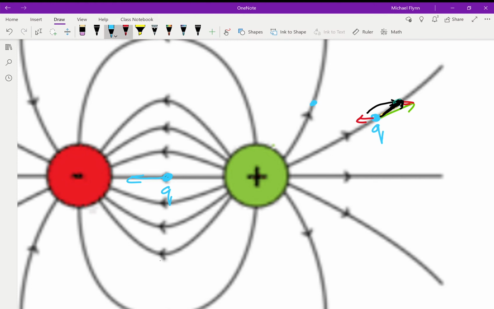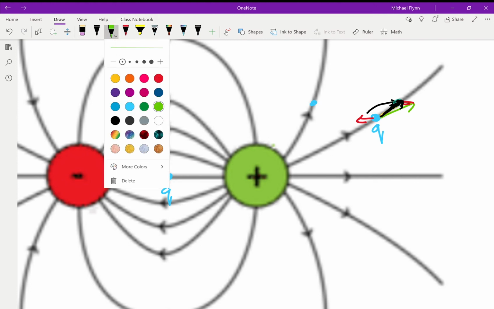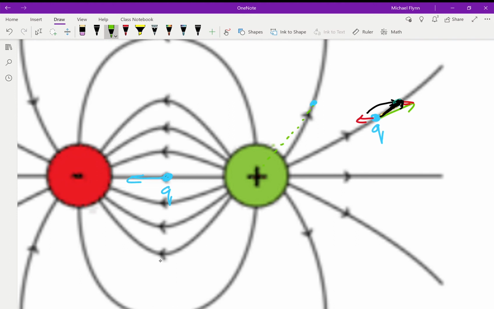So if I put my test charge here, the green force would be on a straight line away from this like that, but the red one will be on a line like this towards that. Now if I combine these two together, tip to tail, I will get the black line like that.